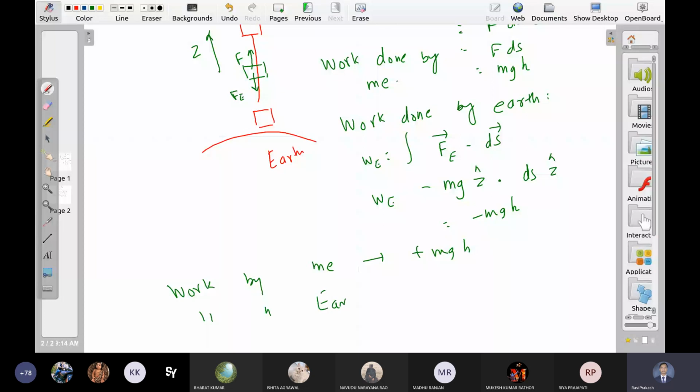It looks like whatever work is done by me is equal to the work received by Earth, right? So if I follow this analogy, it looks like whatever energy is lost by me is received by Earth. The energy that I have lost, where has it reached? To Earth, right?